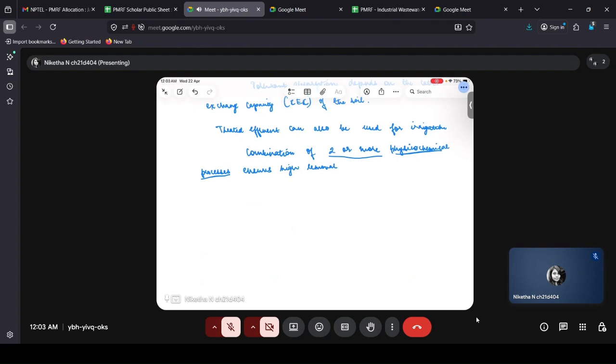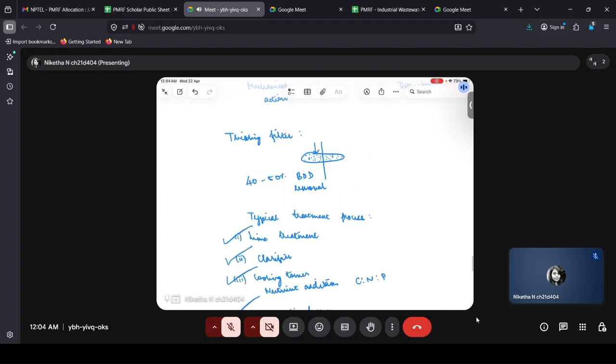And also, even if we combine physico-chemical processes with biological treatment, we can achieve higher removal, like what we saw here.